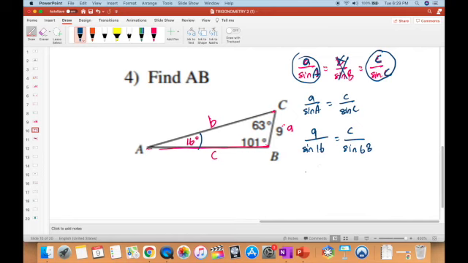So therefore we could just throw sine 63 across. C is equal to 9 over the sine of 16, all multiplied by the sine of 63. What does this give us? 29.1. Good job. So 29.1 is the answer for the length of this side.